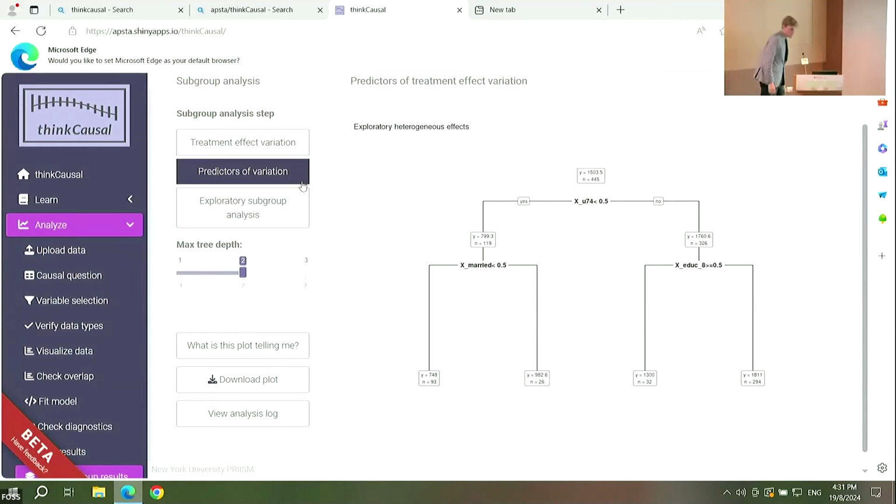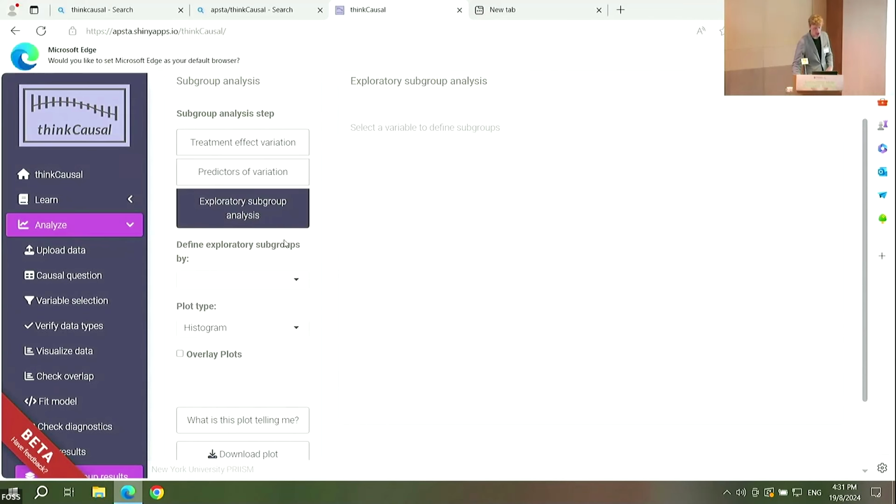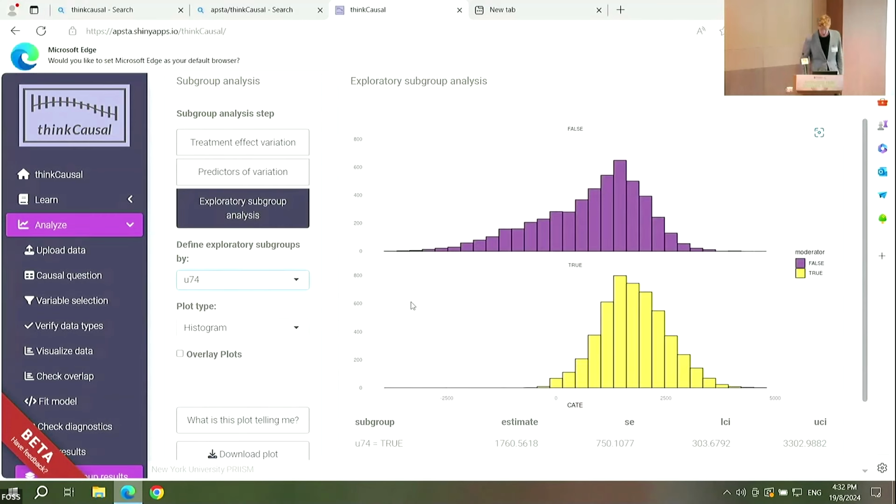And so we see U74, which means unemployed in 1974. That's what this variable means. How I like to do it is start at the top of the tree and look down for relevant things. So when I want to look at exploratory subgroup analyses, I'm going to start with that U74. So U74, let's fit it.